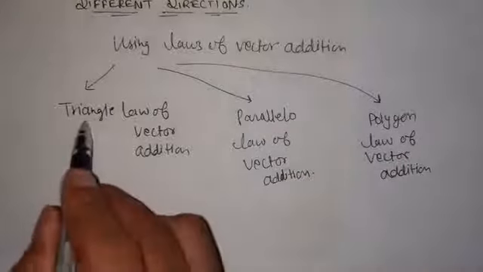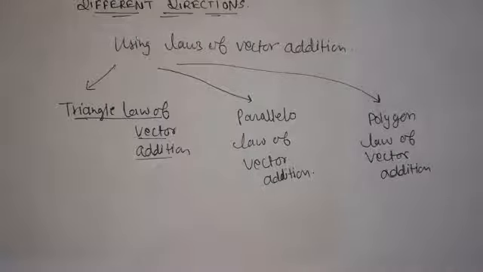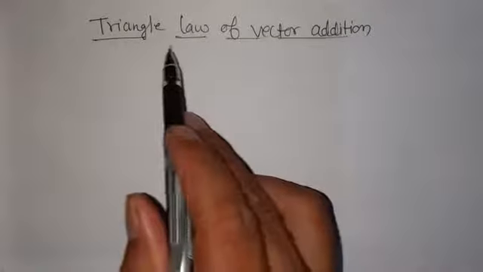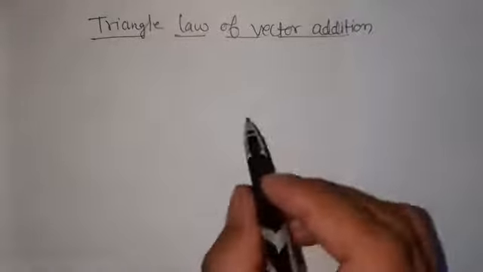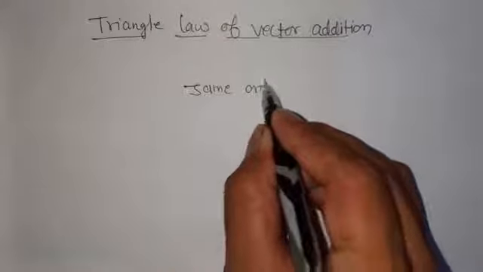Now let us start with the very first one, the triangle law of vector addition. To add vectors using the triangle law, we need to understand the meaning of same order.